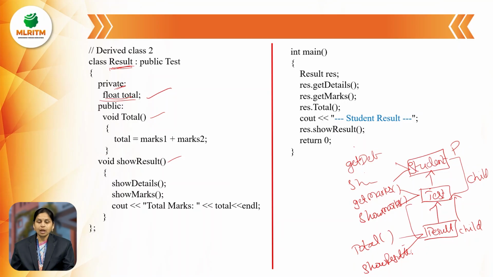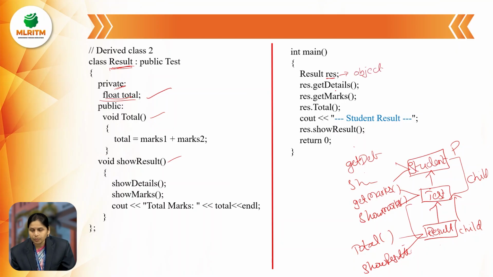In any type of inheritance, the object is always created only for the child class. When we observe these three classes, student, test and result, the result is the last child class. So we can create the object for result: RES is an object.